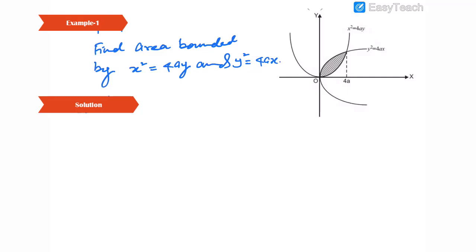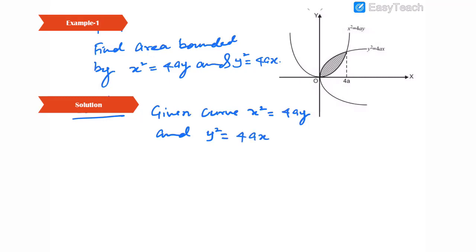Find the area bounded by x square is equal to 4ay and y square is equal to 4ax. These are the two parabolas. The given curves are x square is equal to 4ay and y square is equal to 4ax. Suppose this is equation 1 and this is equation 2.